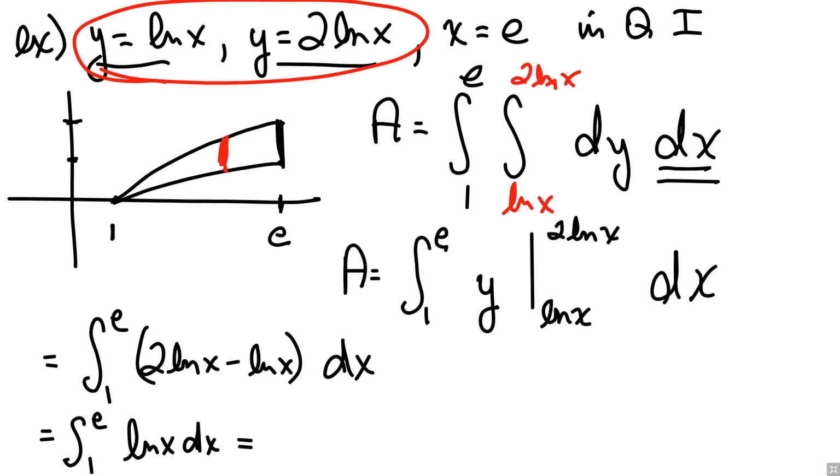All right, so how do we integrate the natural log of x? It's going to be 1 over x. That's a derivative. Oh, wait. So how do we integrate the natural log of x?